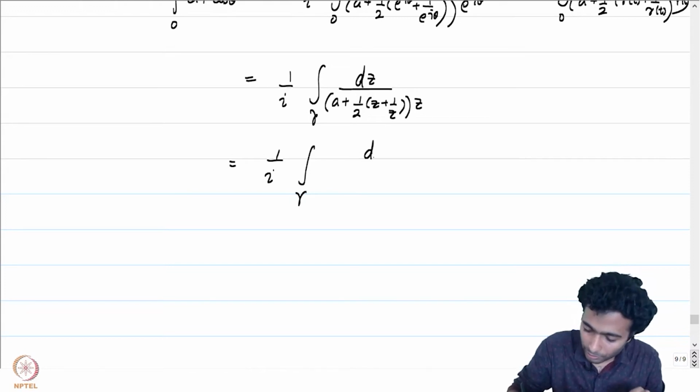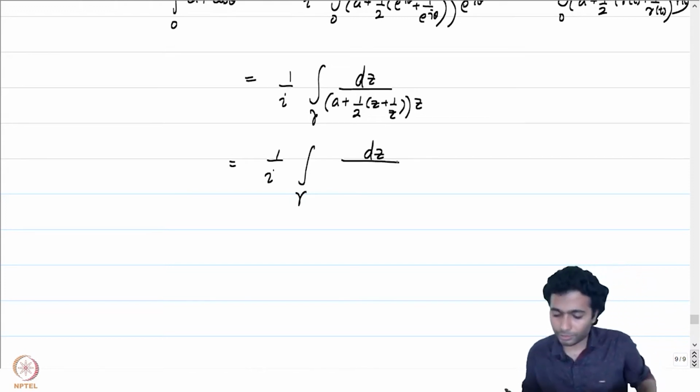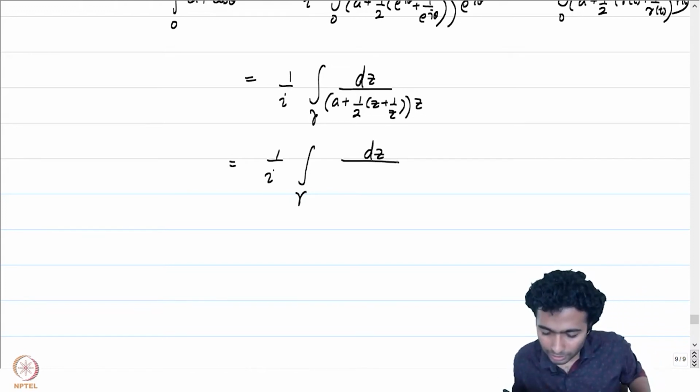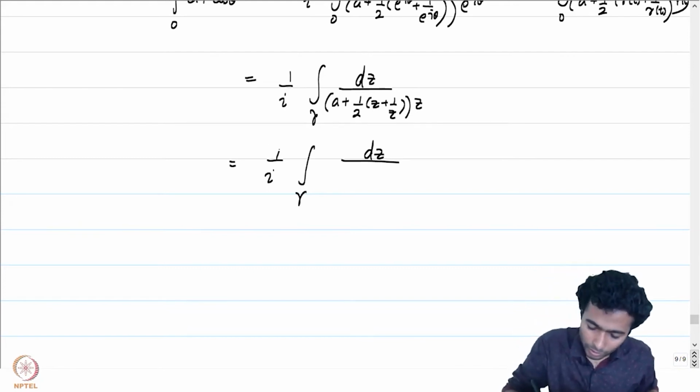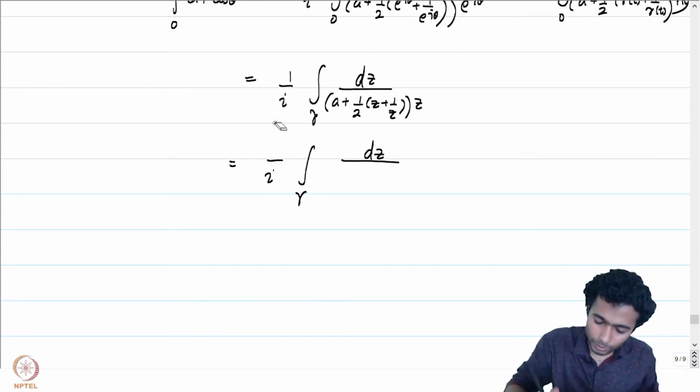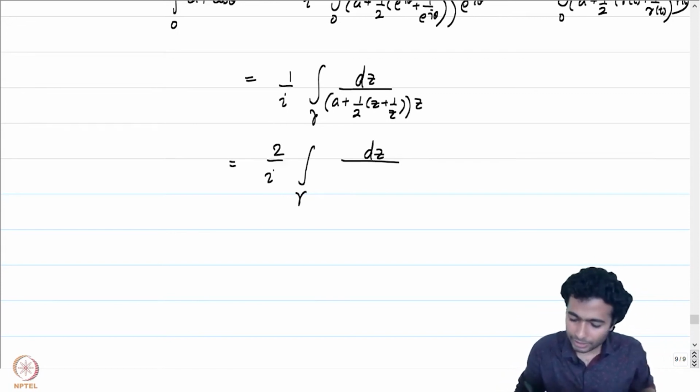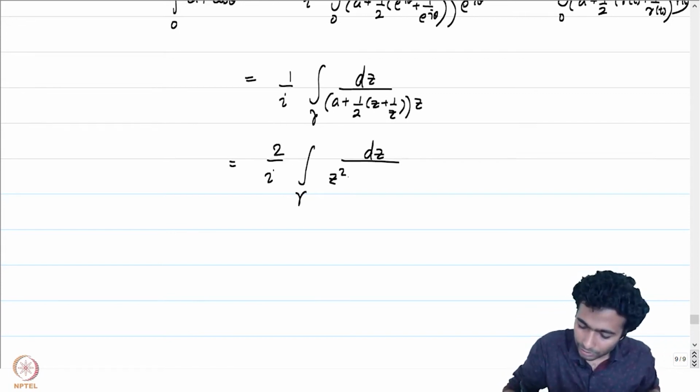So, let me just write down what this integral is going to be. This is basically, so 2 will go up here. Let me put a 2 by i times the integral of 1 by z square plus 2az plus 1.